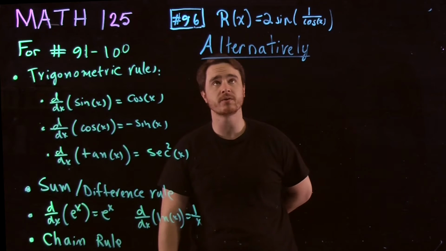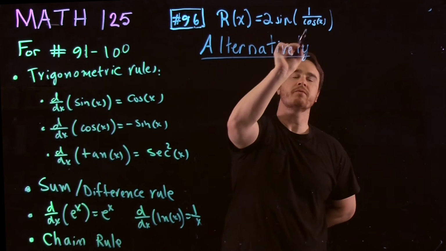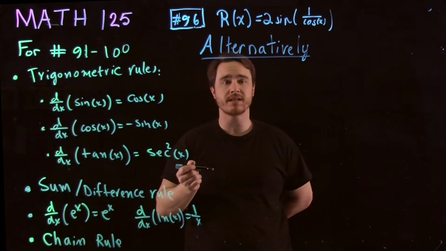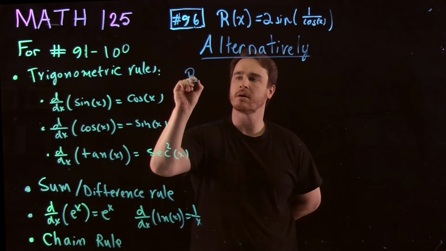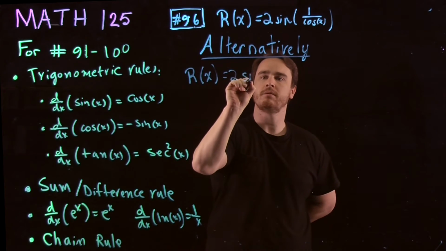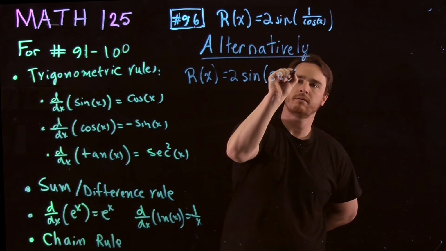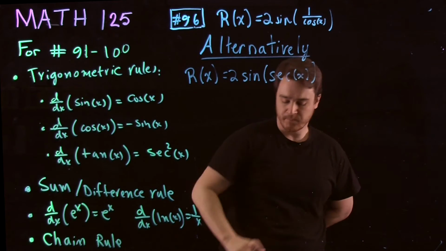An alternative solution for problem number 96, we can notice that 1 over cosine is the same as secant. So I'm going to rewrite this as r of x is equal to 2 sine of secant of x.